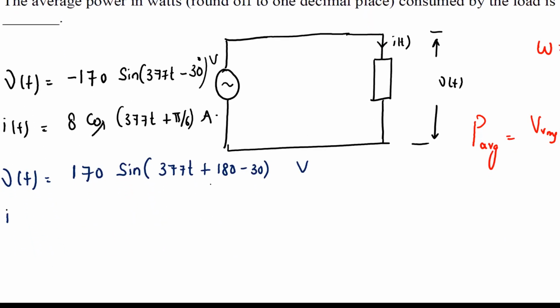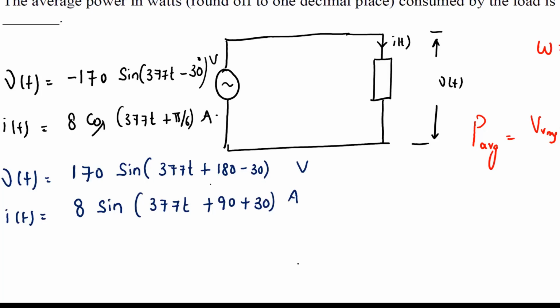The second thing is for I of t, I will convert this into sine. To convert a cos signal into sine, you simply have to add 90 degrees. So 8 sine of 377t plus 90 plus again pi by 6, which I am writing as 30.